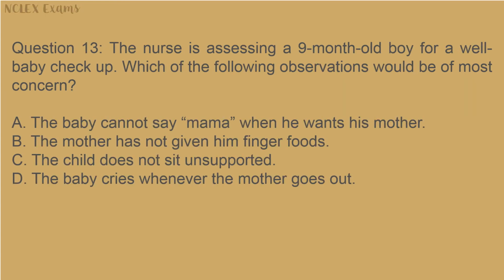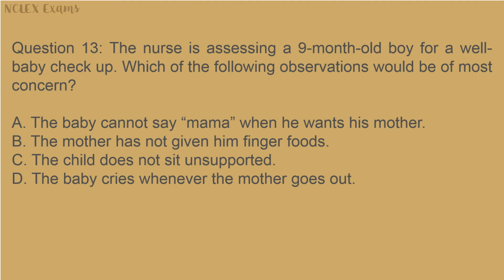Question 13. The nurse is assessing a 9-month-old boy for a well-baby checkup. Which of the following observations would be of most concern? A. The baby cannot say mama when he wants his mother. B. The mother has not given him finger foods. C. The child does not sit unsupported.